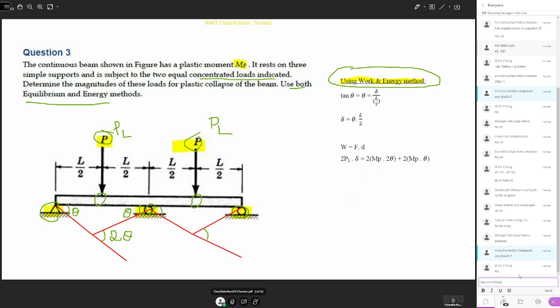Similarly, the angle is theta here, angle is theta here. So this angle will be 2 theta.